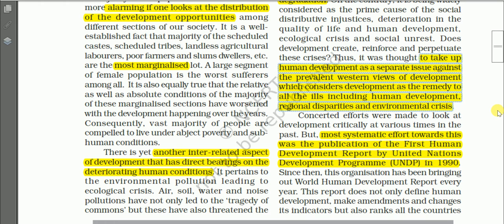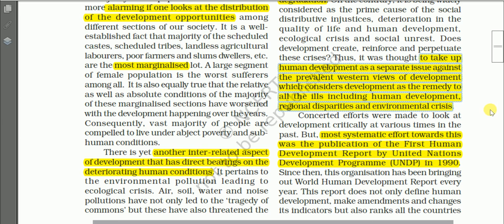Modernization, development of transport and communication, and so on, was thought to be a remedy to solve regional disparities and the environmental crisis. It was thought like that, but it is not so in the real sense.